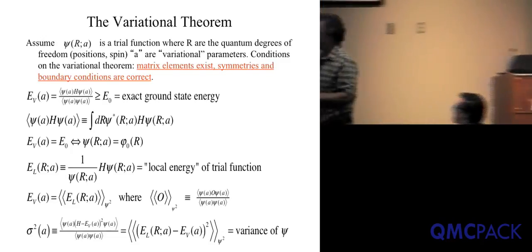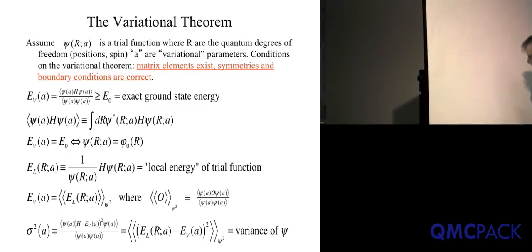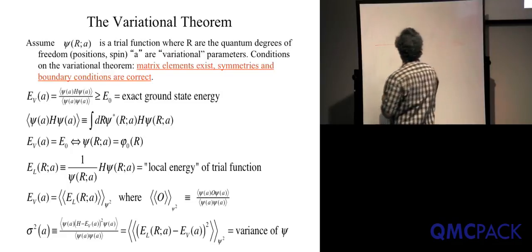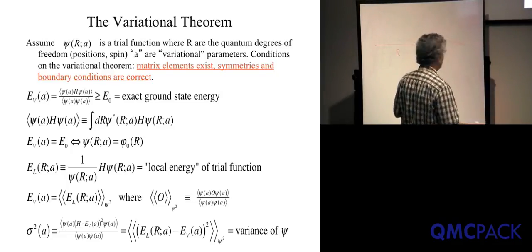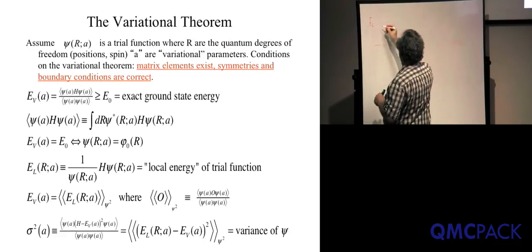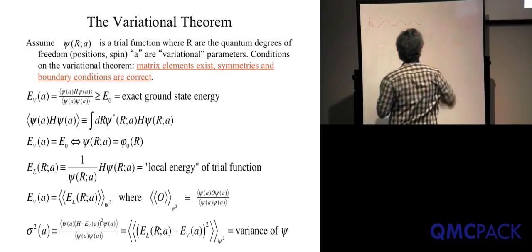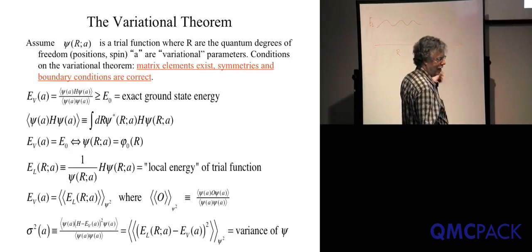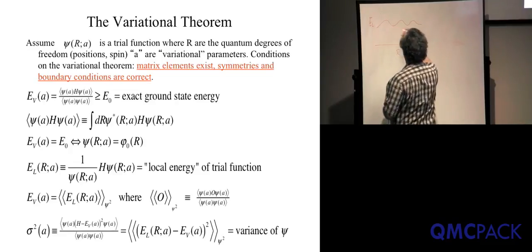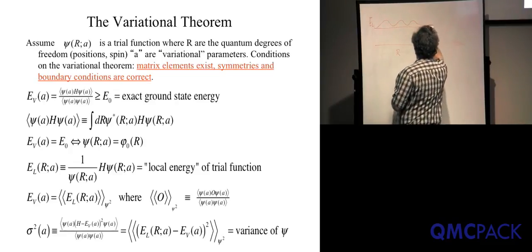So maybe illustrating this over here again. If this is R, which is the many-body electron positions, and this is the local energy. Normally, if you have an approximate trial wave function, your local energy varies with electron position, right? If you had the exact wave function, it would be a constant.